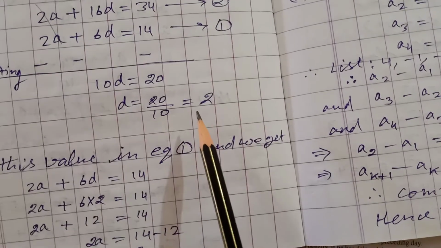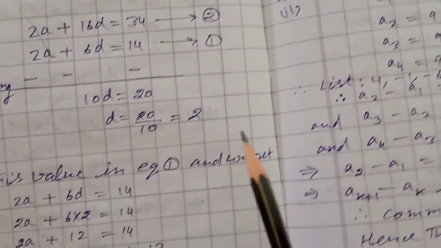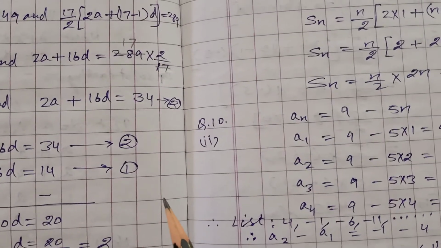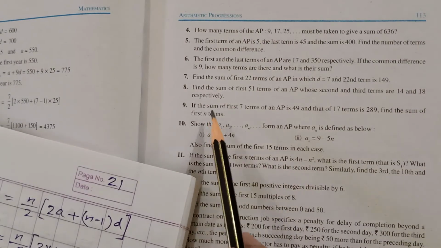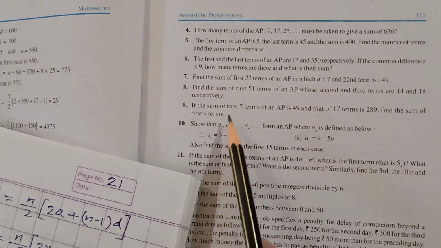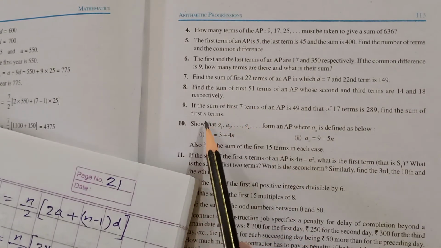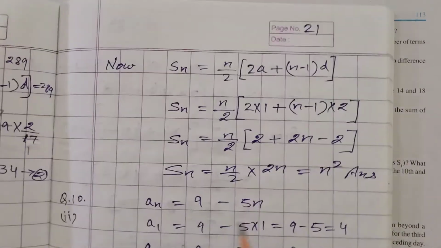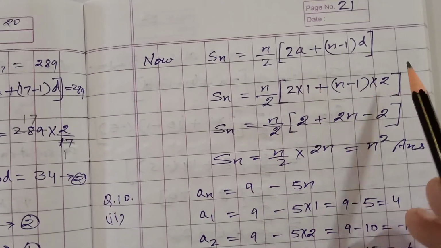And value of d is 2. Now we find the sum of first n terms. This is the formula of Sn.